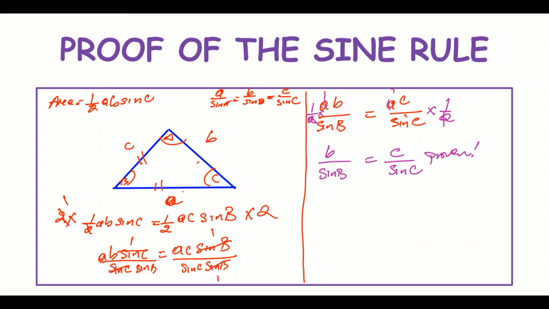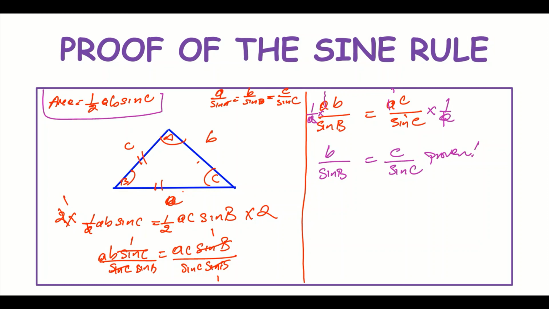So we used the area of a non-right angle triangle, which is half AB sine C, just to prove the sine rule, or the law of sines.